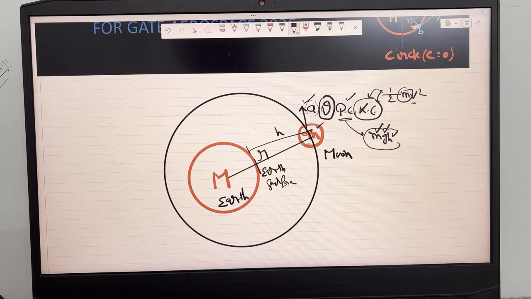At the same time, if this mass is having the velocity, this velocity can be resolved in two parts, that is in theta direction and in radial direction.